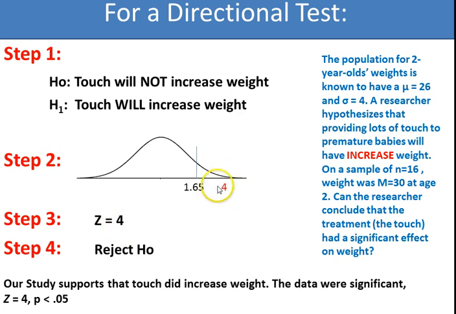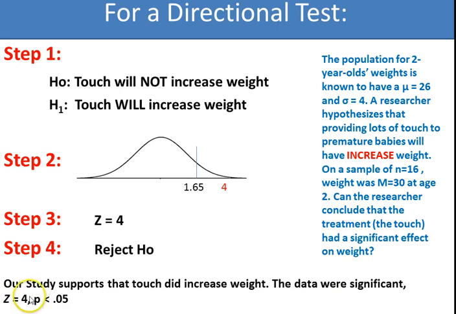The 4 is a low probability outcome, so that we would reject the null hypothesis and conclude that our study supports that touch did increase weight. The data were significant, and z equals 4.